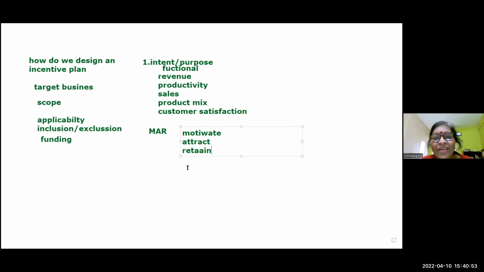Do you think so? I also need to look from the HR intent. Is it to motivate? Is it to attract? Is it to retain? What exactly I need to do? So intent is very important, right? First of all, the intent for which I'm doing this is very, very important.